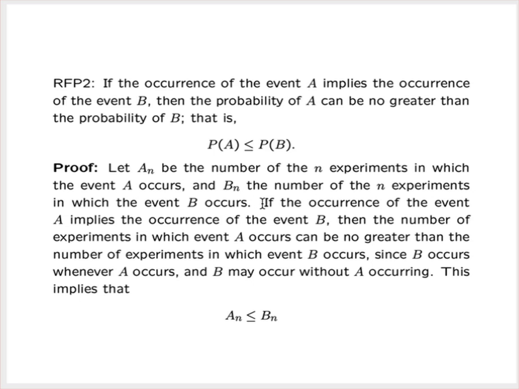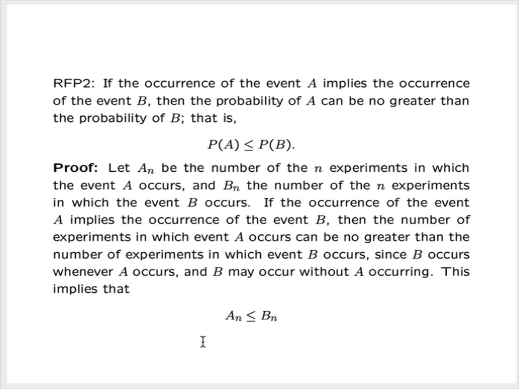Now, if the occurrence of the event A implies the occurrence of the event B, then the number of experiments in which the event A occurs can be no greater than the number of experiments in which the event B occurs, since B occurs whenever A occurs, but B may occur without A occurring. So if A occurs, we know that B must occur because A implies B. And this implies a relationship in terms of the counters.